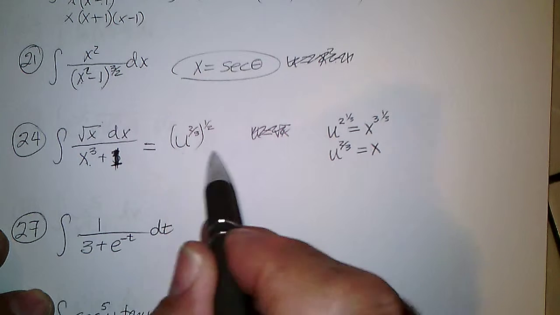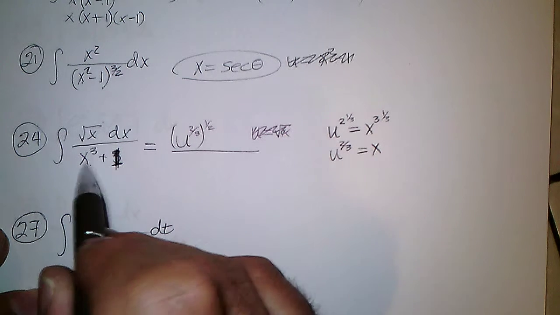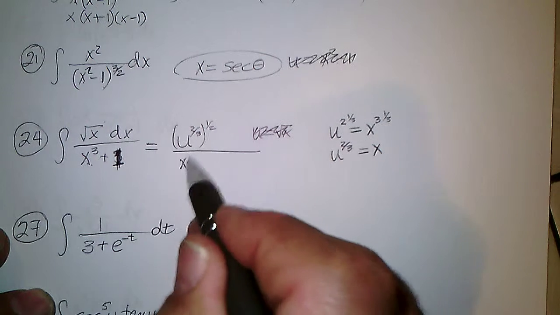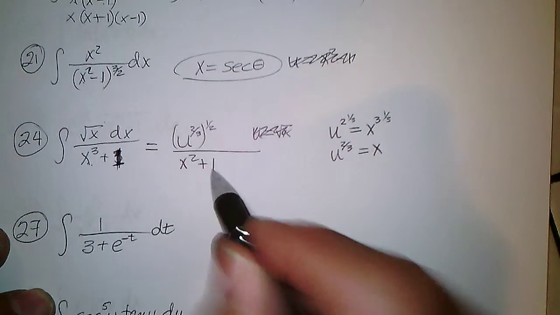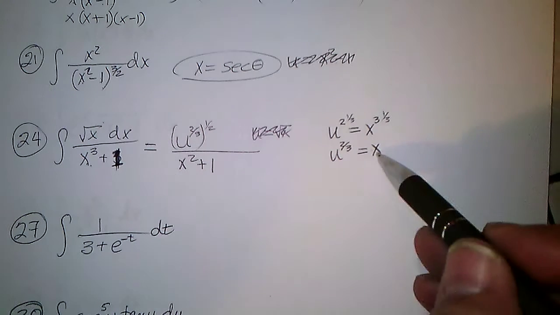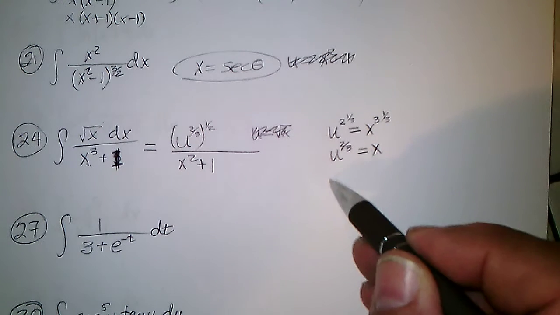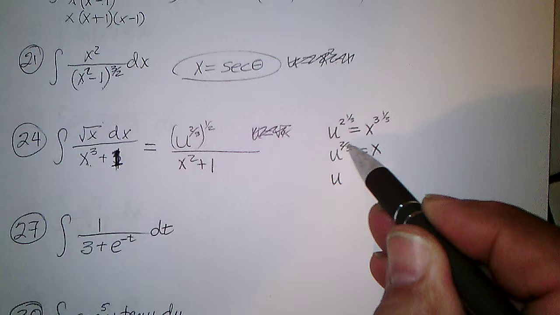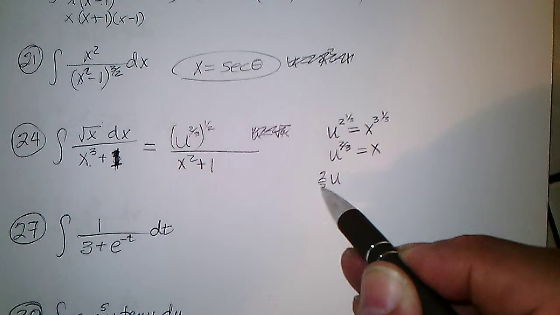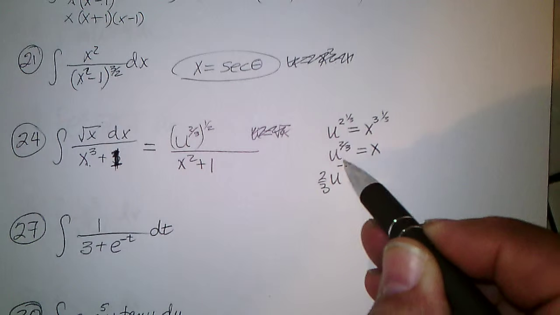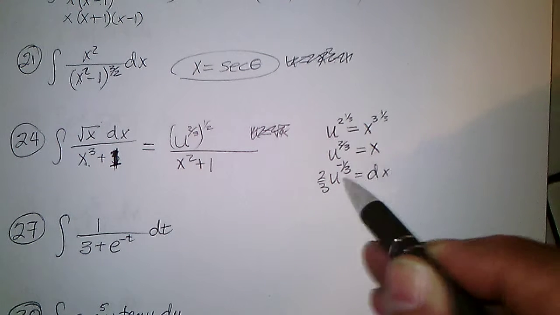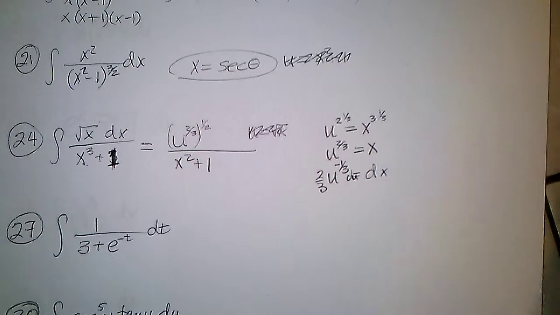But I might not even want to do that. And then for the denominator, I would have x squared plus 1. But what would I use for dx? Well, if I take the derivative here, the derivative would be 2/3 u to the minus 1/3, that's dx over du.